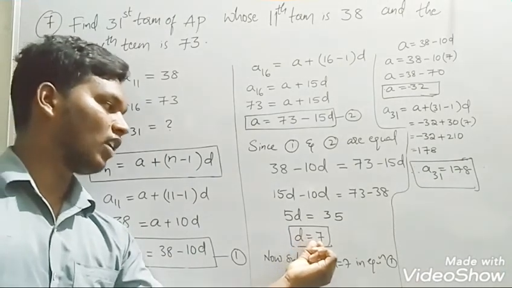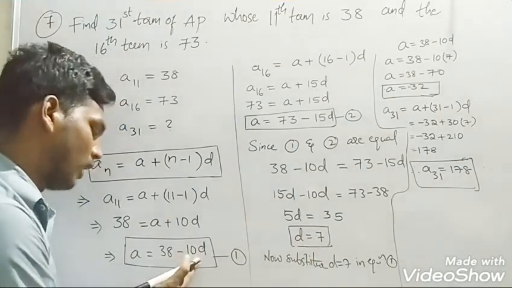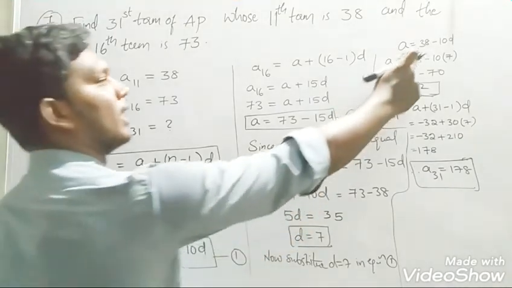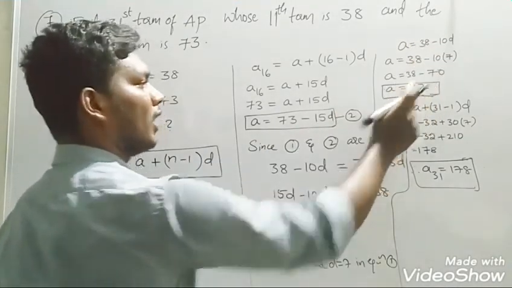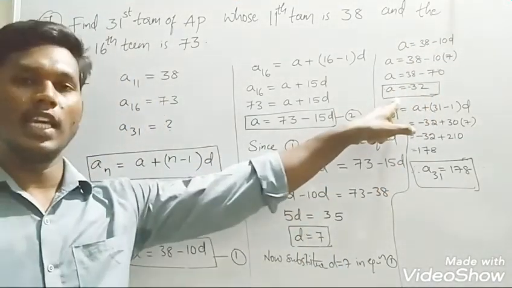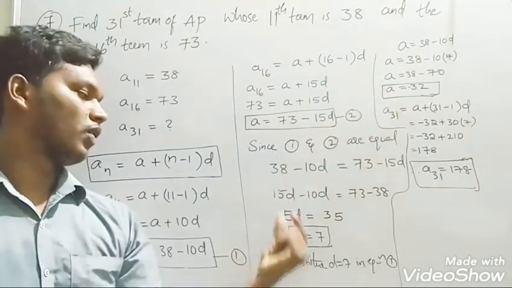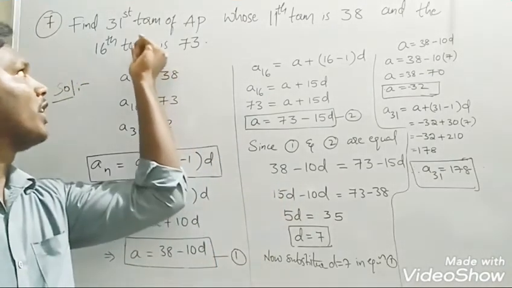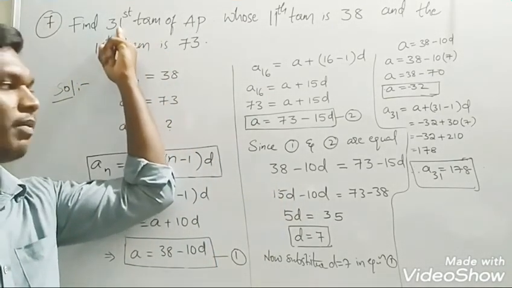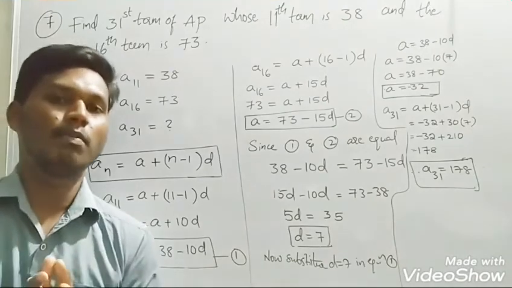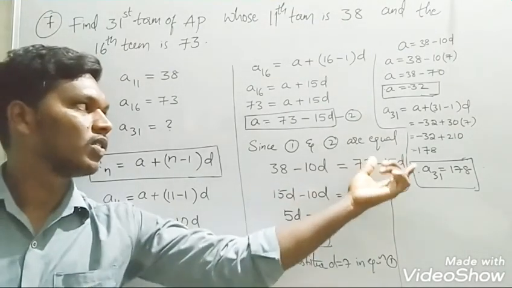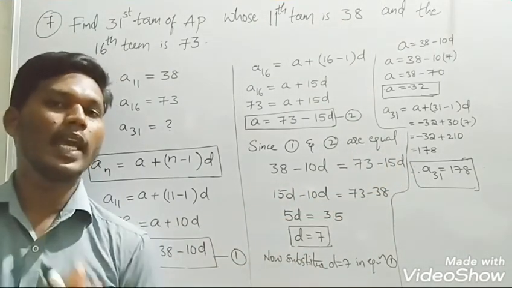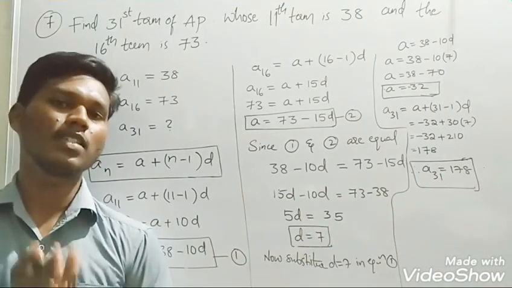Once we know the value of d, substitute it in equation 1: 38 minus 10 into d. After calculating you will get a is equal to minus 32. Whenever you know the value of a and d, it is easy to find the 31st term. So a31 is equal to a plus (31 minus 1) into d. By substituting the values of a and d, you will get the 31st term as 178.